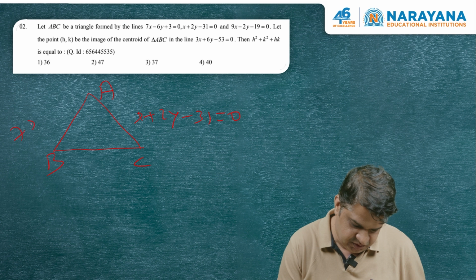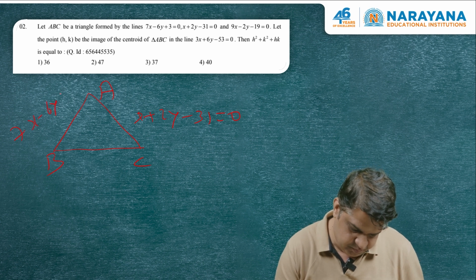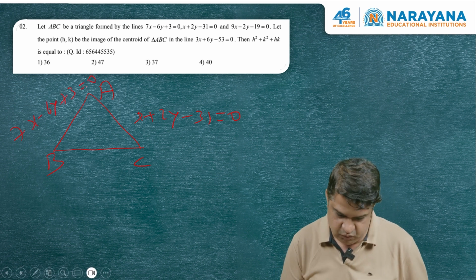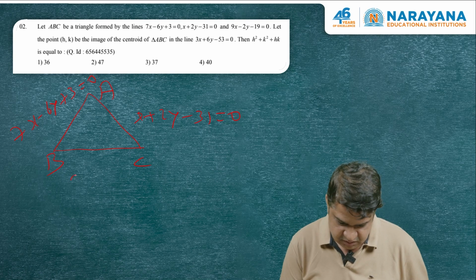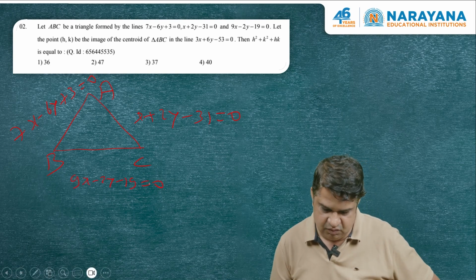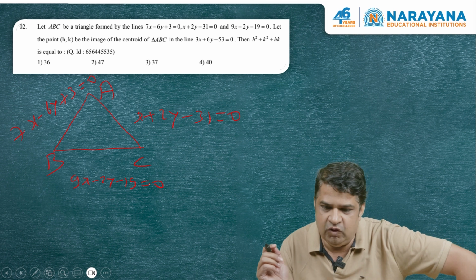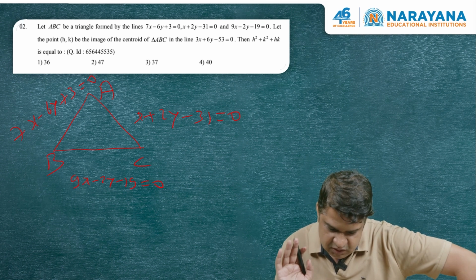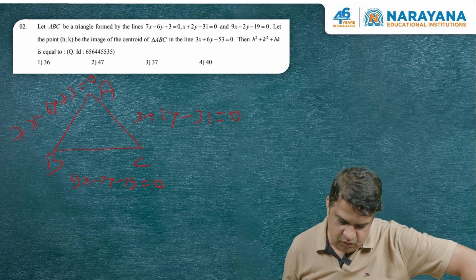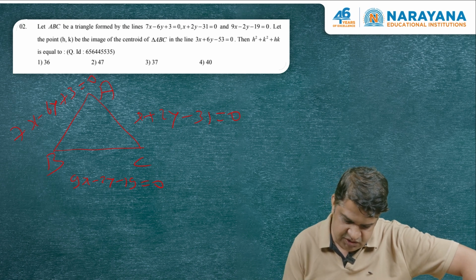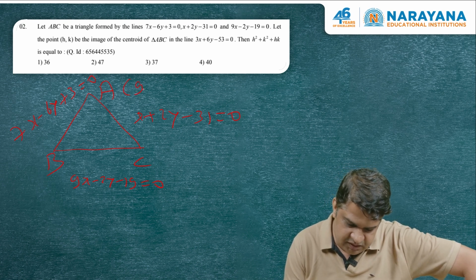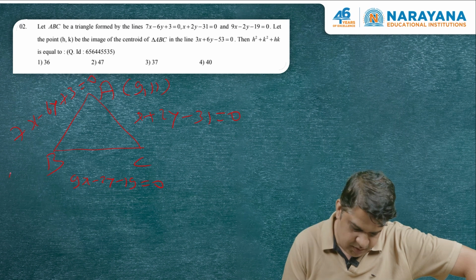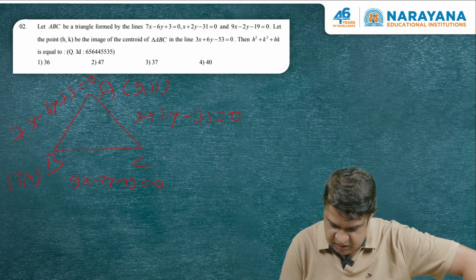Second is 7x minus 6y plus 3 equals 0, and third is 9x minus 2y minus 19 equals 0. First of all we need to calculate the points of intersection of all these three lines. When we calculate them, we get vertex A as 9 comma 11, B as 3 comma 4 and C as 5 comma 13.